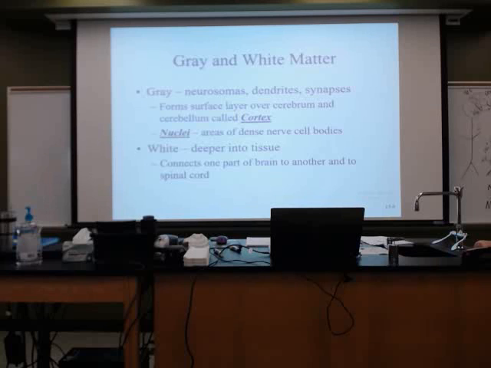The white matter is deeper into the areas of the brain. So if we're looking at the brain, think of the white matter as being the deeper part of the makeup. Okay? We're going to see that it helps to connect one part of the brain to another.